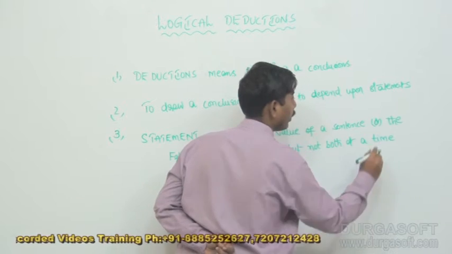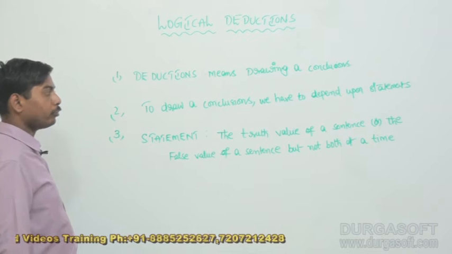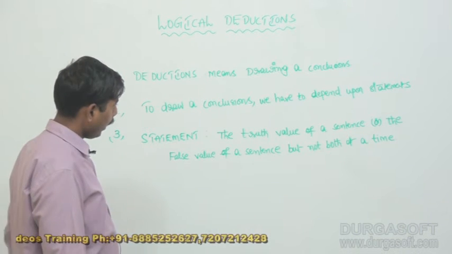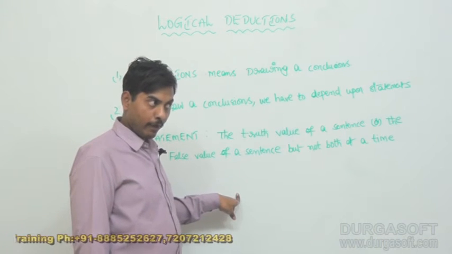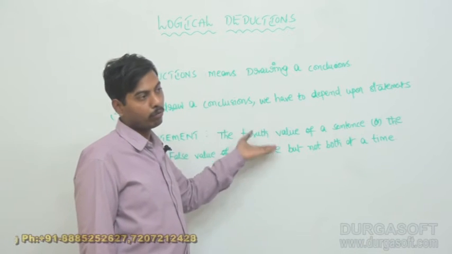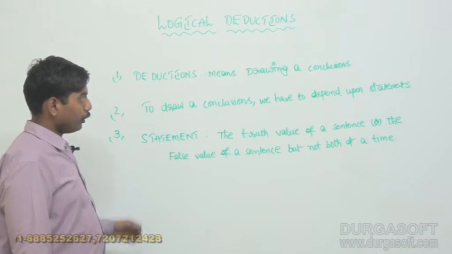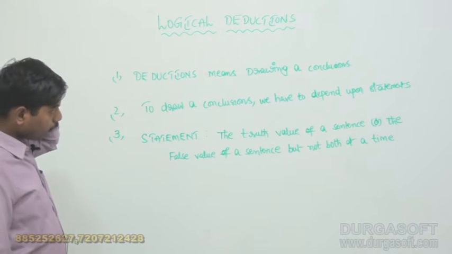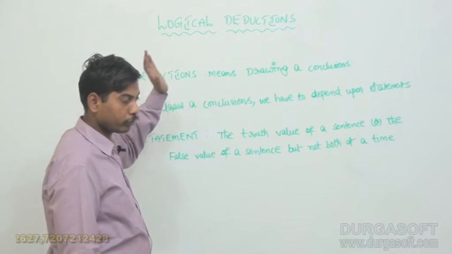But not both at a time means we don't use the two at a time. Either we should talk about the truth one or the false one only. Any one is possible for us to talk about at a time, but not both together. That is what it means here. We have to draw a conclusion. That is our intention in this topic, or in this complete concept.